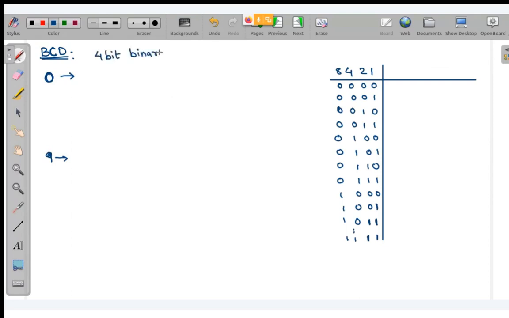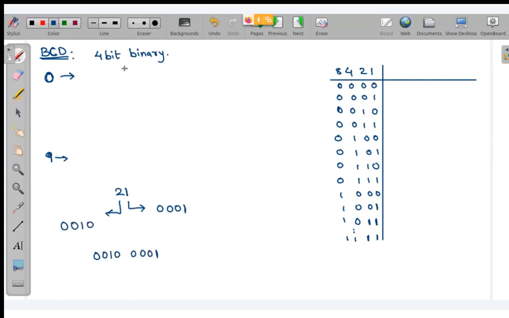Suppose I want to write 21 in BCD: 1 corresponds to 0001 and 2 corresponds to 0010, so the BCD string for 21 will be 0010 0001.